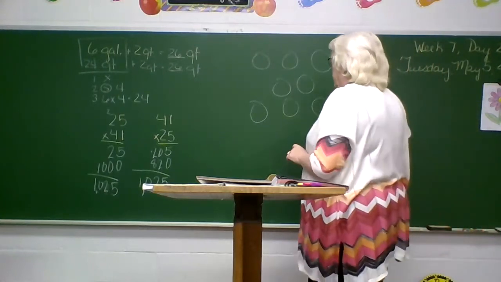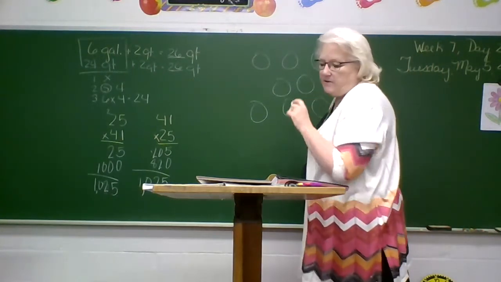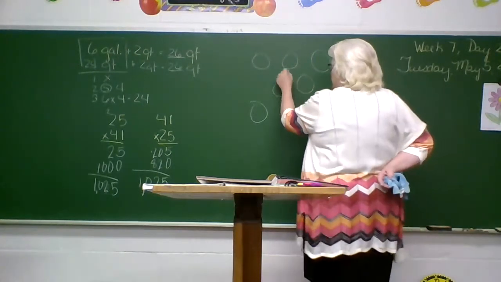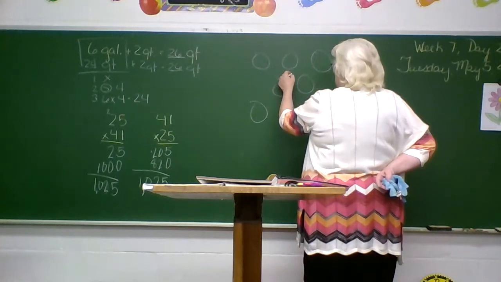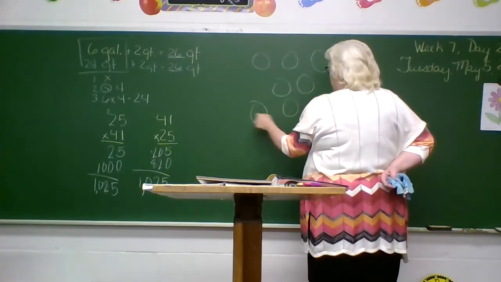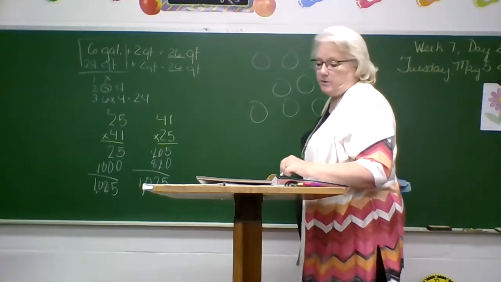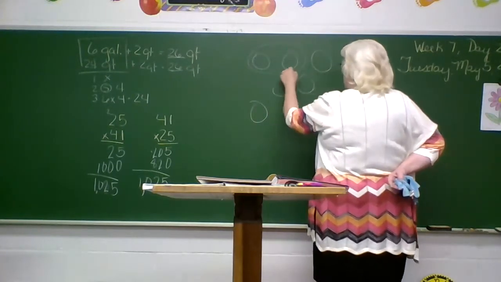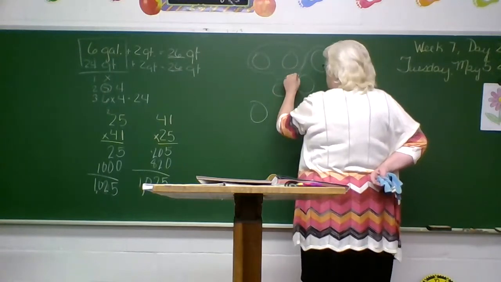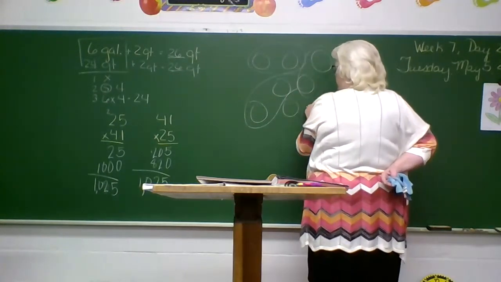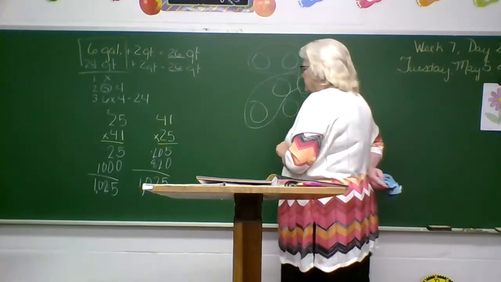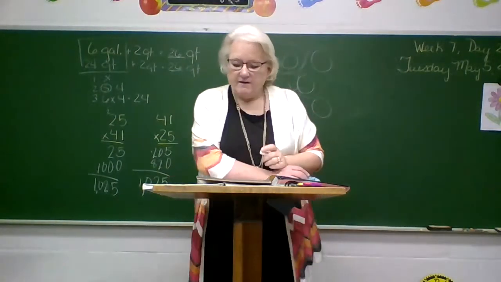Okay, how many do I have altogether? 8, 4 different groups. Okay, this would be a group 1, 2, 3, 4. So 2 in each group, and they need 3 groups. 1, 2, 3. So I circled 1, 2, 3, 4, 5, 6. I circled 6 circles, and that would be 3/4 of the circles.